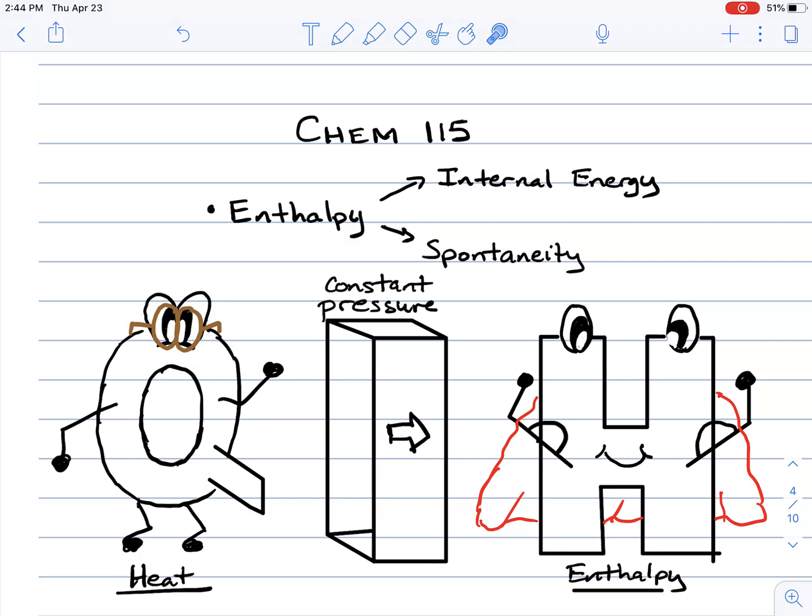And since the calorimetry experiment that you guys typically perform in lab is a coffee cup calorimeter, it's under constant pressure. And so the value for Q turns into enthalpy, or H. So here you have this whole Superman effect going on, where you have Clark Kent with glasses and he comes out a superhero.